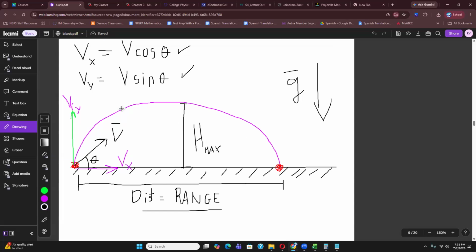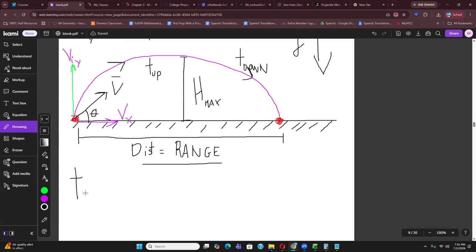To keep it simple, we are going to do this: time going up and time going down, where the total time is time going up plus time going down.